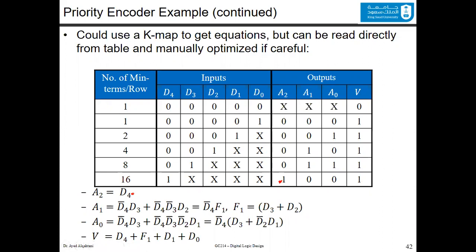Now, for the other functions, A0 and A1, we have to be careful when we try to find the functions, because of the presence of zeros in the highest data or highest input positions. So to get, for example, A1, you have 1 and 1 here.